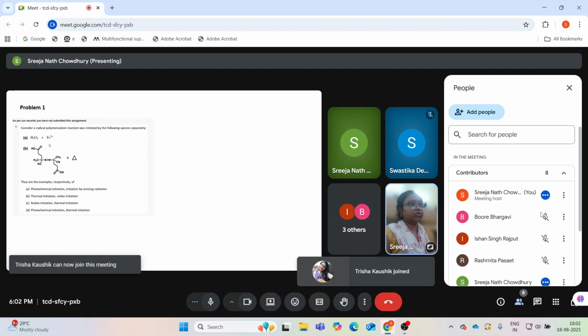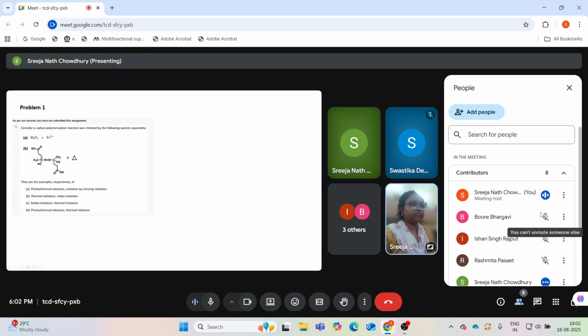If it is a photochemical reaction, then there should be h nu here. There is no h nu, so it is not a photochemical reaction. The first option is wrong. Next, the second one is thermal initiation and redox reaction.